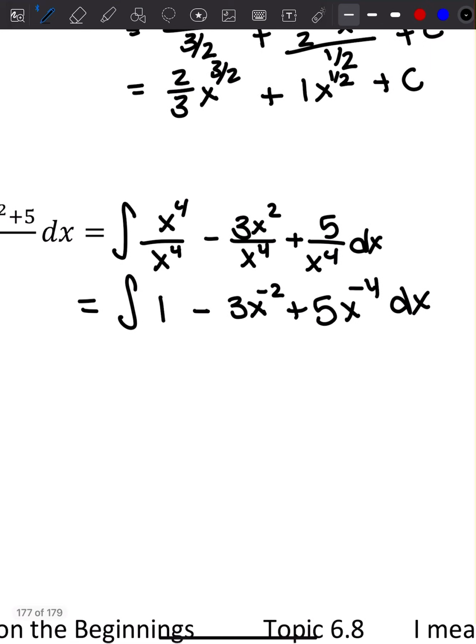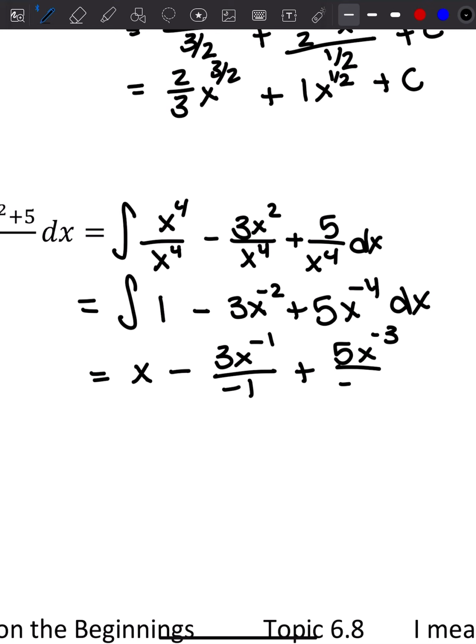And then what we're going to do is actually do our integral now. So if we integrate 1, it's going to be x, minus 3x. If we add 1 to negative 2, that's going to give us negative 1. Plus 5x. If we add 1 to negative 4, it's going to be negative 3. And then our constant of integration. I can clean this up a little bit.